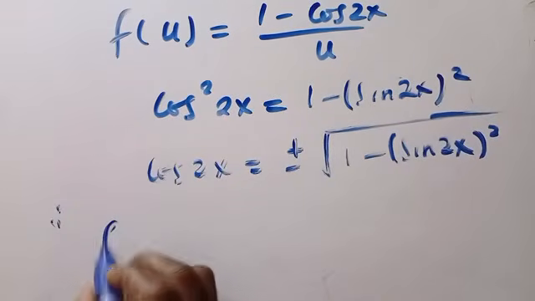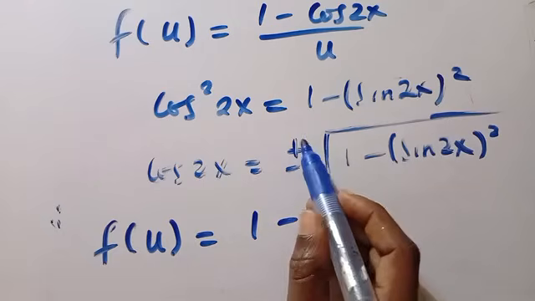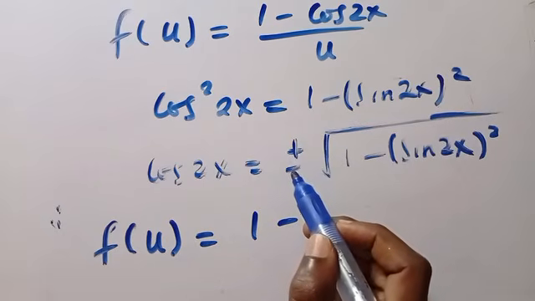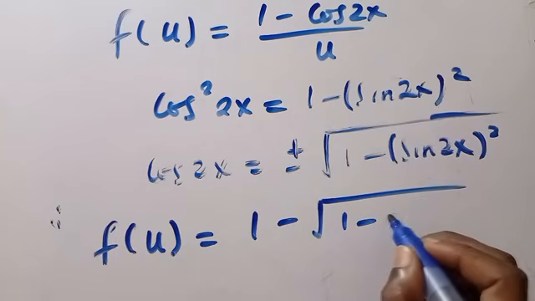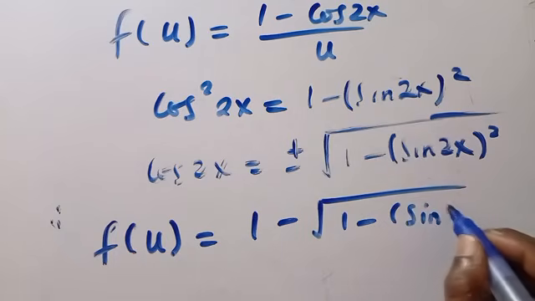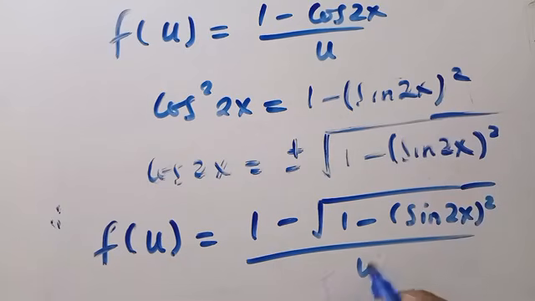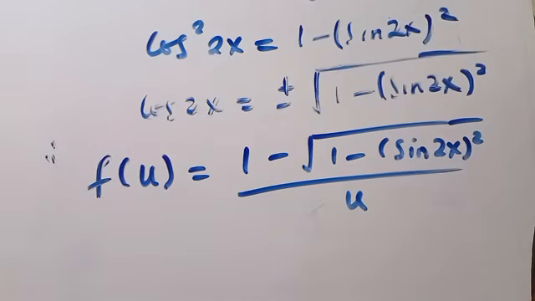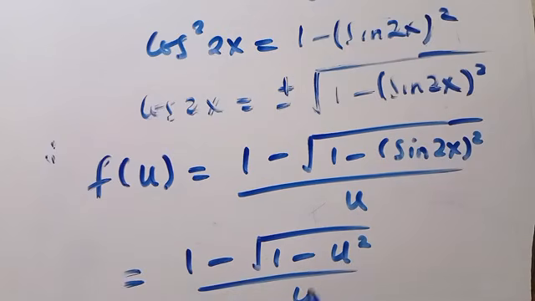So here we have f of u equals 1 minus, and we go for the positive, so we are going to neglect the negative. Here we have the square root of 1 minus sine squared 2x divided by u. But sine 2x is given as u already. So replacing that, we have f of u equals 1 minus the square root of 1 minus u squared, then divided by u.